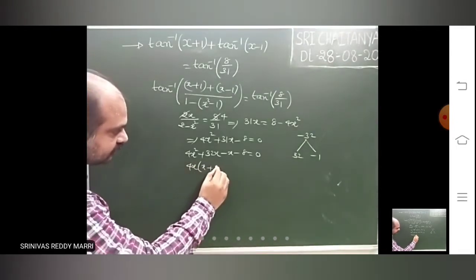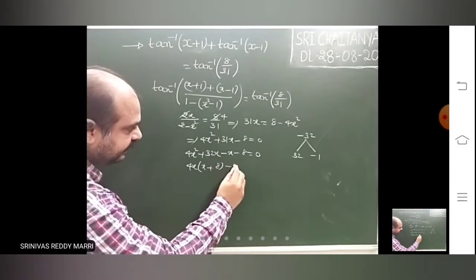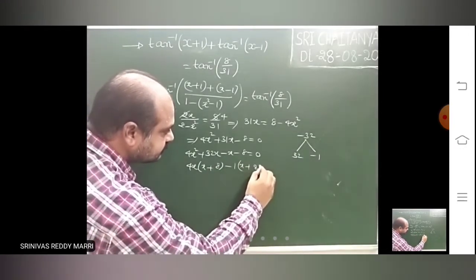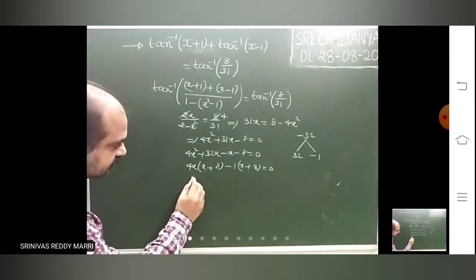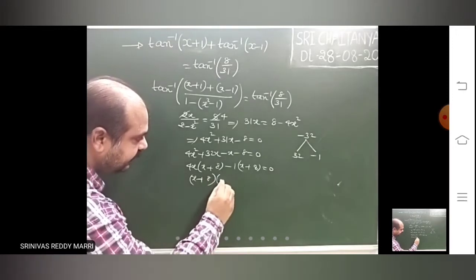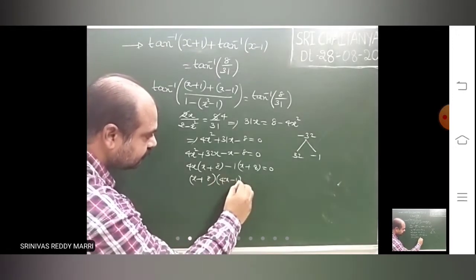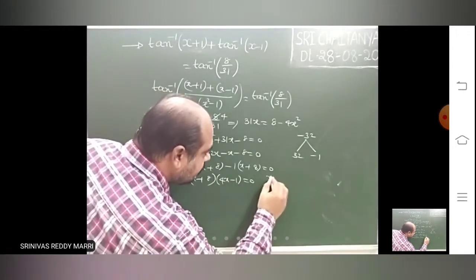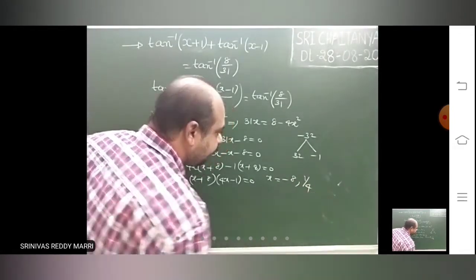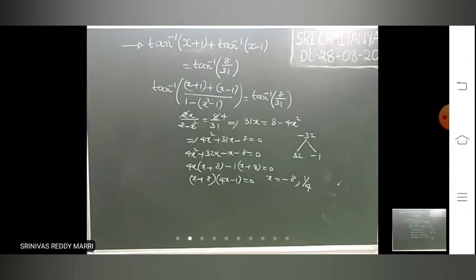So 4x into x plus 8 minus 1 into x plus 8 equal to 0. So you will get the factors x plus 8 into 4x minus 1, so you got x equal to minus 8, 1 by 4.